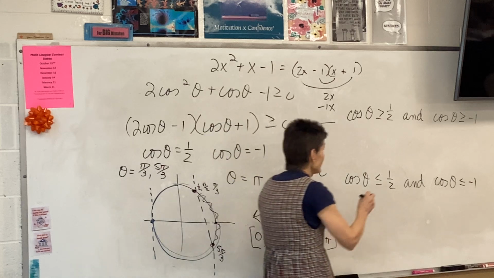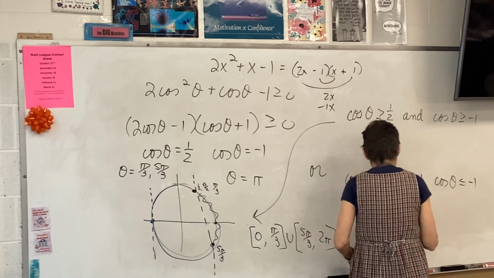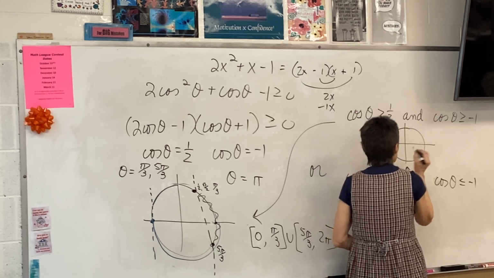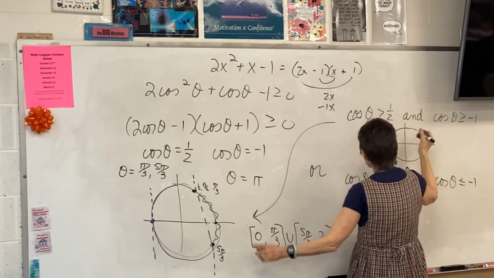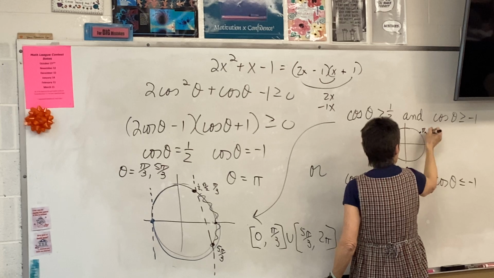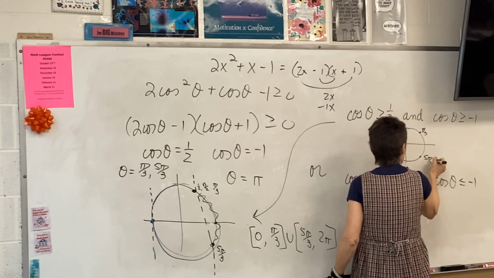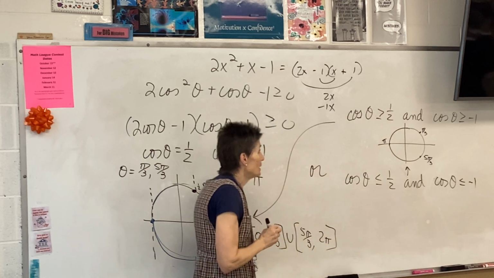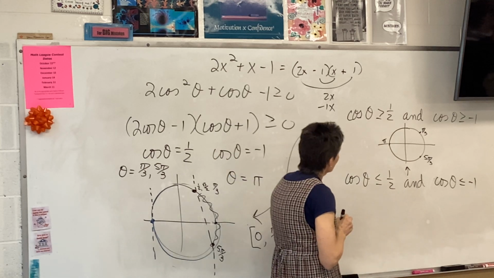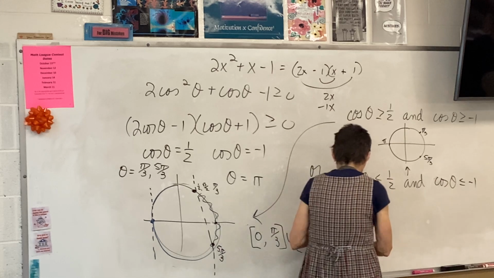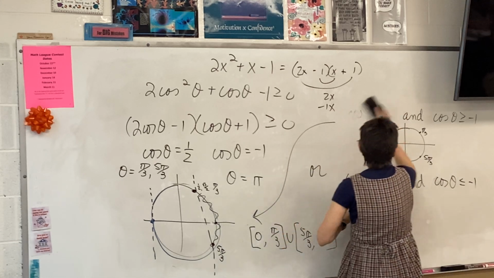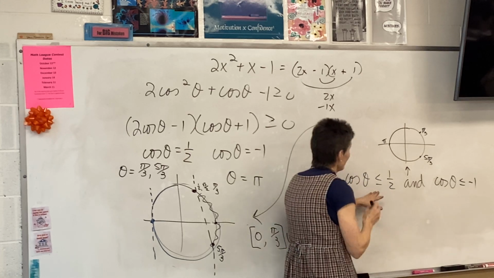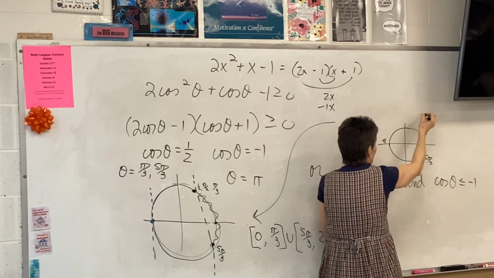All right, so now I have to do the second part. So the angles haven't changed, so I'm still gonna have pi over 3 and 5 pi over 3 and pi. Those are my angles in this problem. This time, I'm doing this one. This time, I want to be less than half.